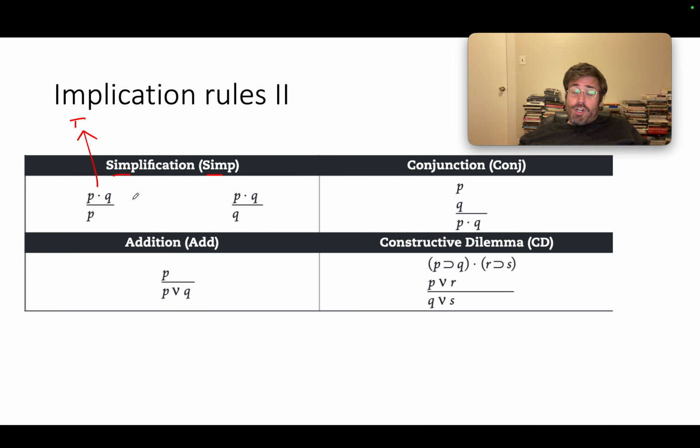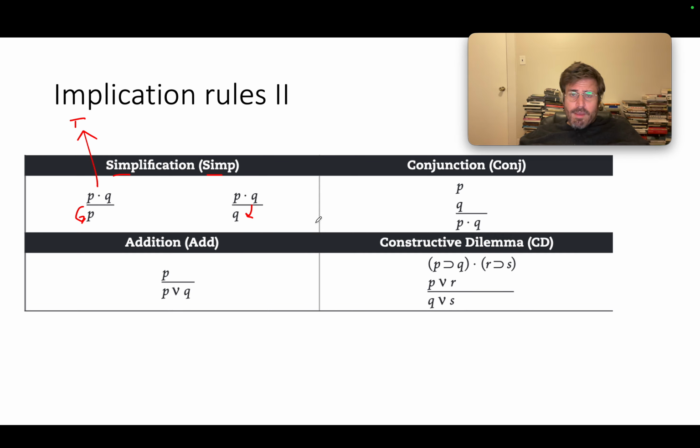So for any conjunction P and Q, we can infer that P has to be true, right? If P were false, P and Q would not be true. So it cuts the other way too. For the same conjunction P and Q, we can infer the other conjunct Q must be true as well.